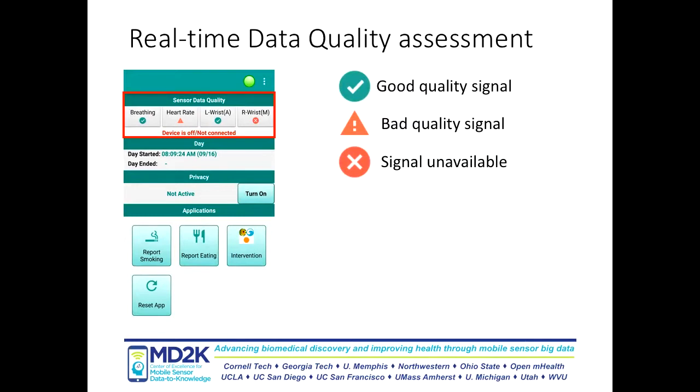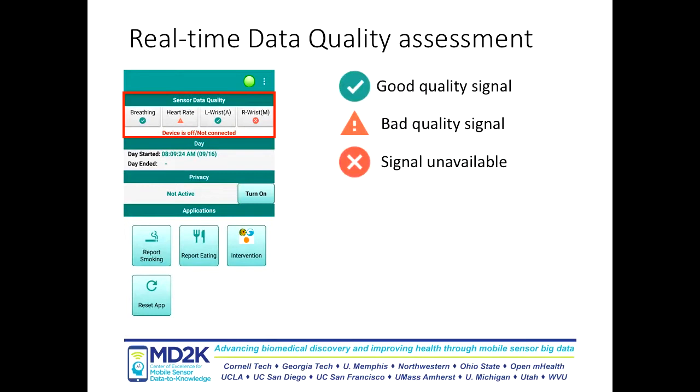So the data quality assessment helps the participant to identify why the data is not collected properly. In this example, the respiration signal is indicating a good quality state, but the ECG sensor appears to be disconnected or not attached properly, and the user interface shows the bad quality of signals.